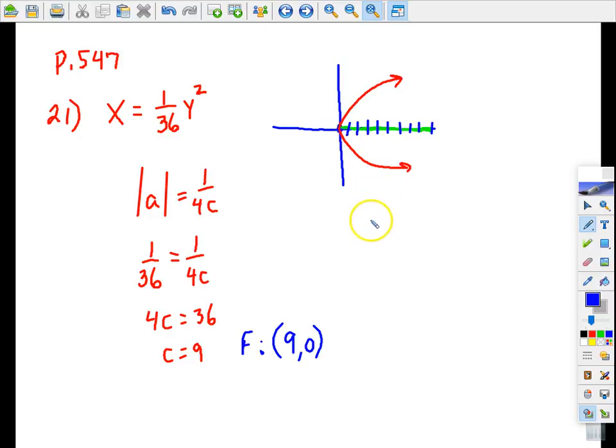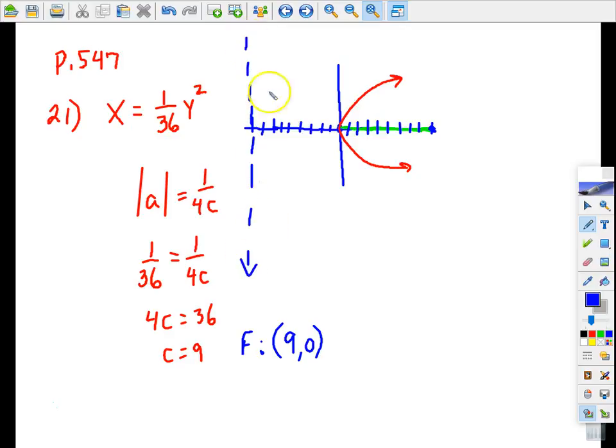So there's my focus, and we talked about the directrix being the same distance away, so 9 places, but instead of going to the right, where we did for the focus, we're going to go to the left, the opposite direction. And it's going to be a line.